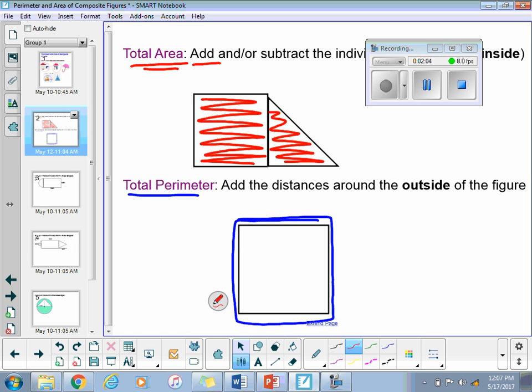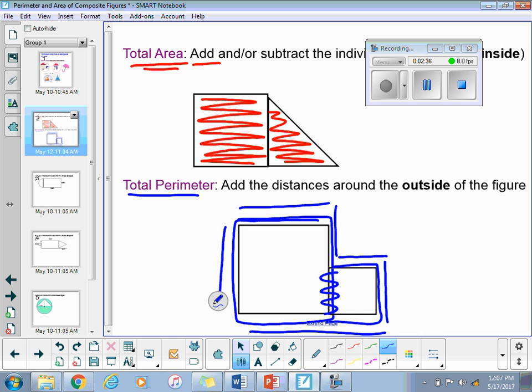And the same idea with the total perimeter, okay? If you had another shape, the same shape, connected to that, the total perimeter would be this whole distance, but excluding that part, right? The total perimeter would be here, plus here, plus here, here, here, and here.